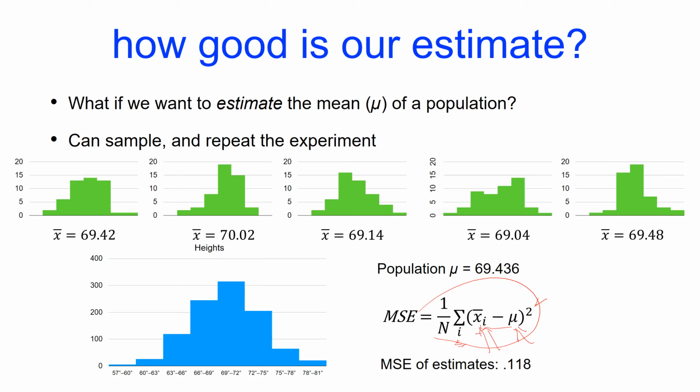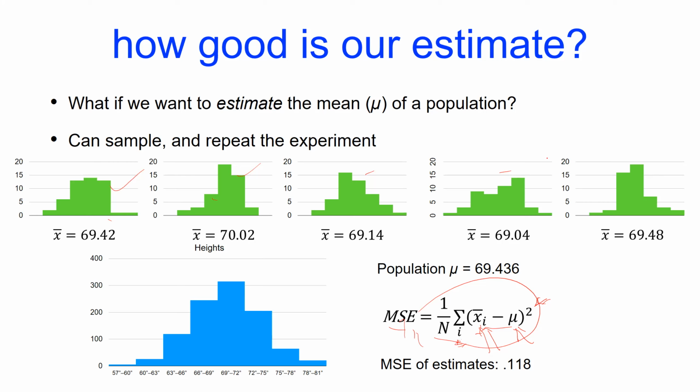Yes, question. Mean square error: mean is average, S represents squared, E is error, and error is a difference. The i is the i-th subgroup, the i-th sample.